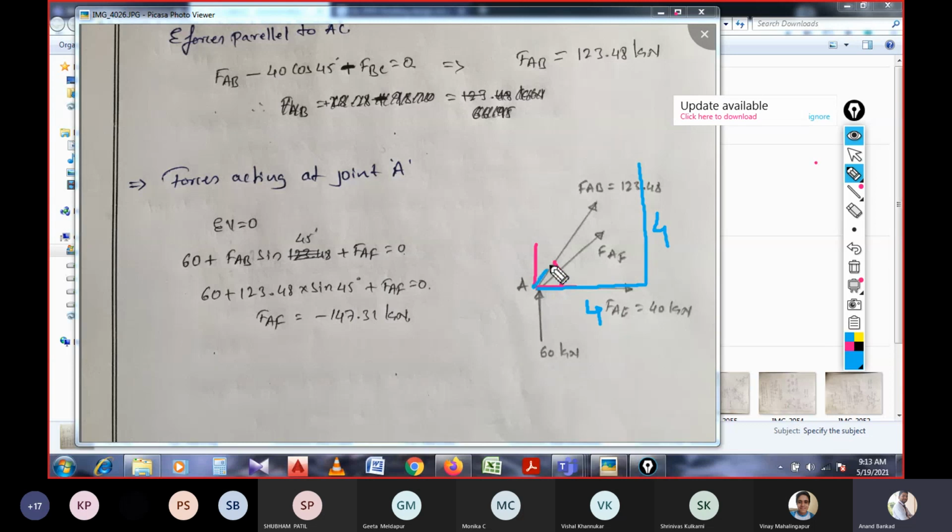That means if you take a diagonal line, it would be like this. So here the diagonal line gives 45 degree to theta. So this 45 degree, if you resolve to the vertical, it will be sine 45, and FAF is to be taken in the direction. So if you substitute the values and resolve for FAF, you will be getting minus 147.31.